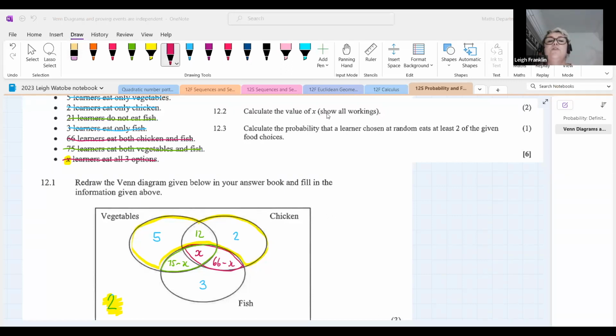Oh, the 21 that don't eat fish. Okay, there we go. So it's not everything. Okay. So Iola, Yolanda's going to help you directly, and I'm going to talk about 12.2. Is everybody else sure that they understand this? There's no other questions.